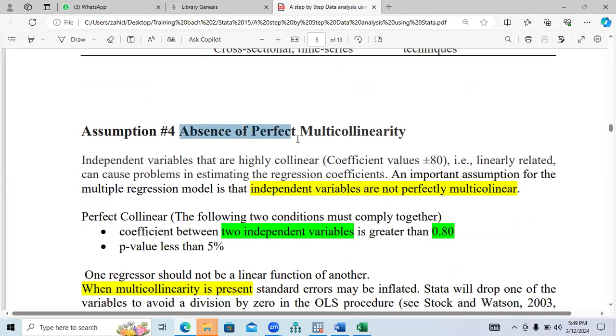Then we have absence of multicollinearity. Multicollinearity is basically the correlation between independent variables. If the independent variables are highly correlated with each other, meaning their correlation value is greater than 0.80 and they are also significant, it means that there is an issue of multicollinearity, which should be corrected.